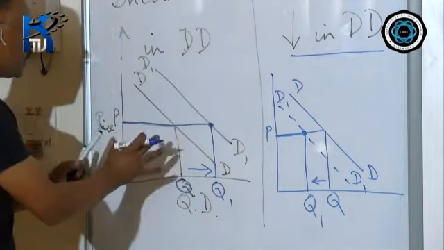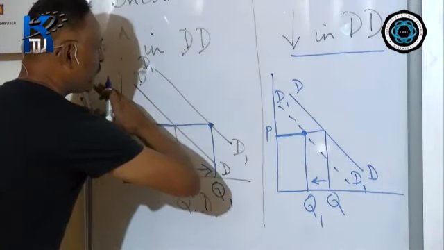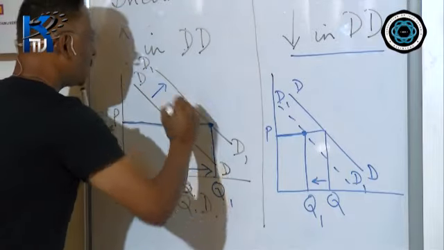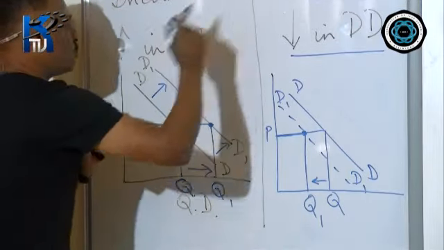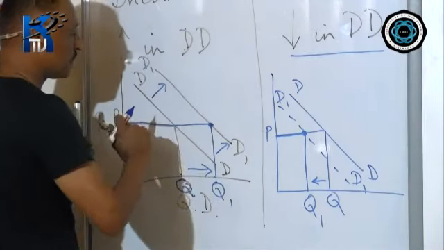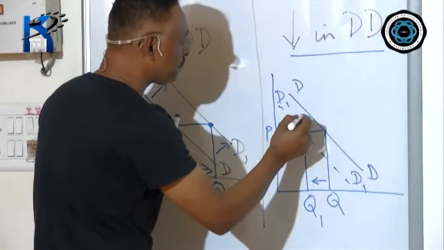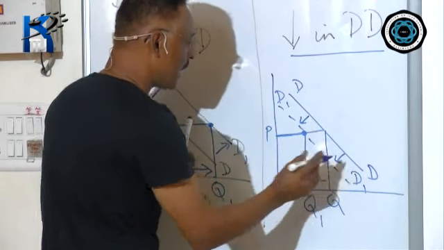Finally, let's have a look again. Here what's happening: the whole demand curve is shifting upwards and rightwards. Whereas here, the entire demand curve shifts downwards and leftwards.